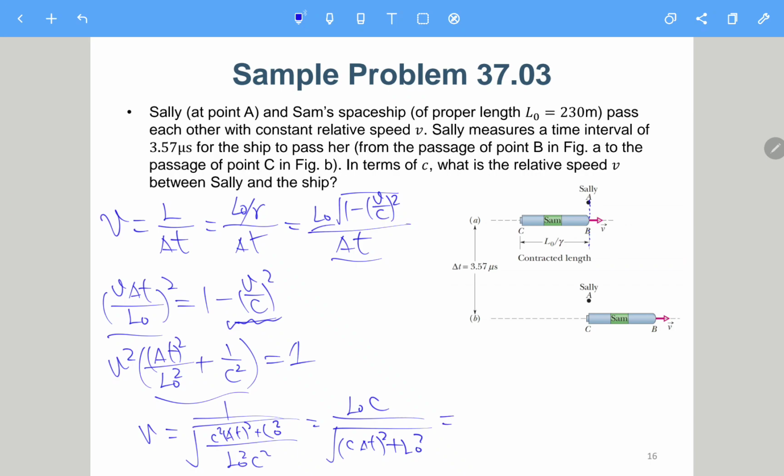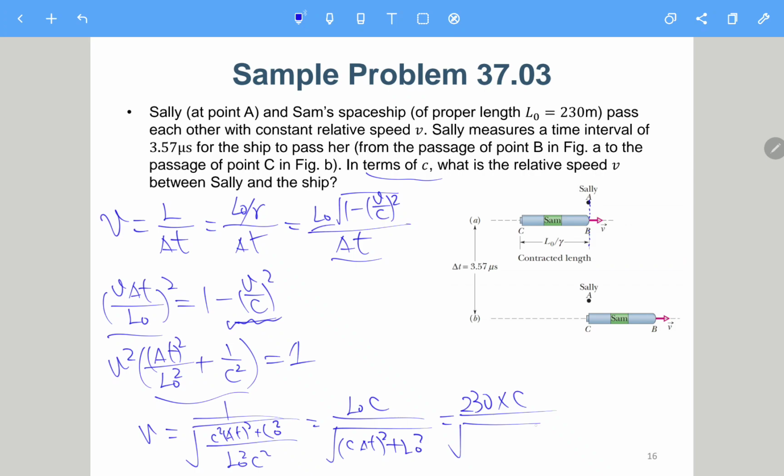And then we can plug in the values. So L0 is 230 meters, times C, because it said in terms of C, we don't need to plug in 2.998 times 10 to the 8th power.